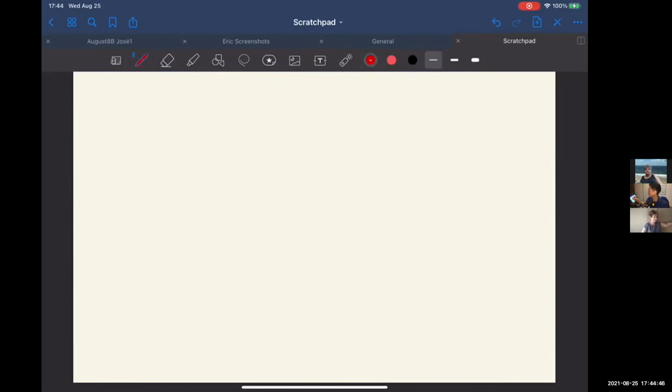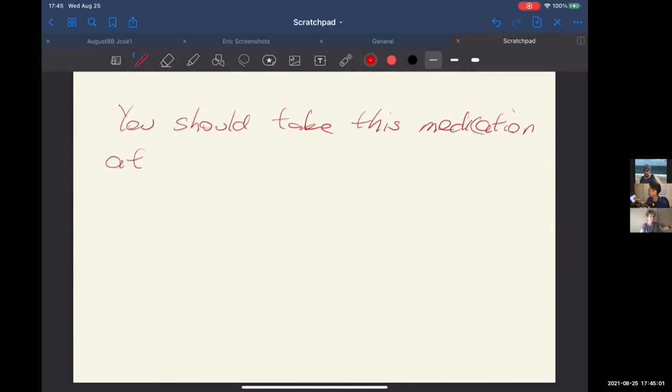Okay. Medical English. You should take this medication after dinner. I'm still not used to writing this in very small letters. Also, it's hard because my elbow is way up in the air.